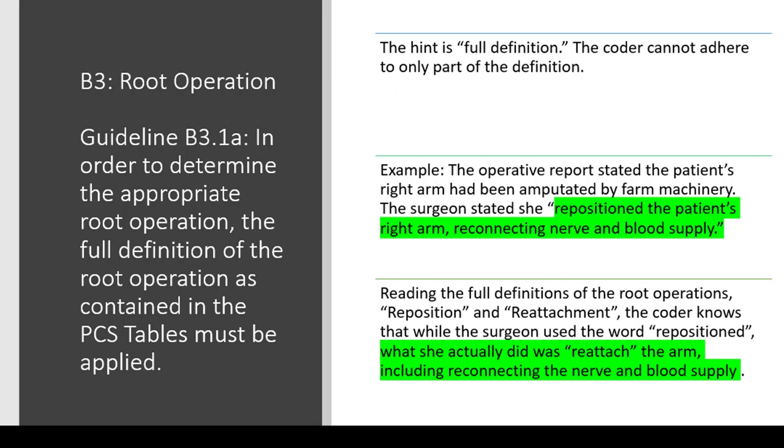The coder determines the root operation by looking at what the physician is describing and applying the full definition of the root operation. So when the coder looks at the full definitions of the root operations reposition and reattachment, the coder knows that while the surgeon is using the word repositioned, what she actually did was reattach the arm because she talks about reconnecting the nerve and blood supply.